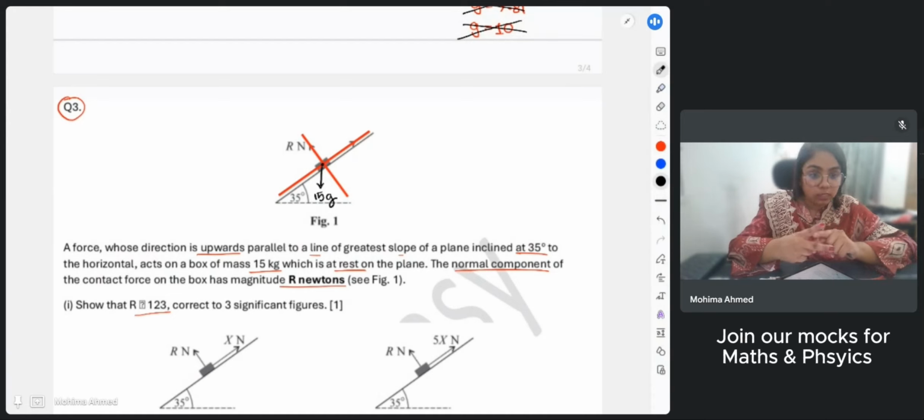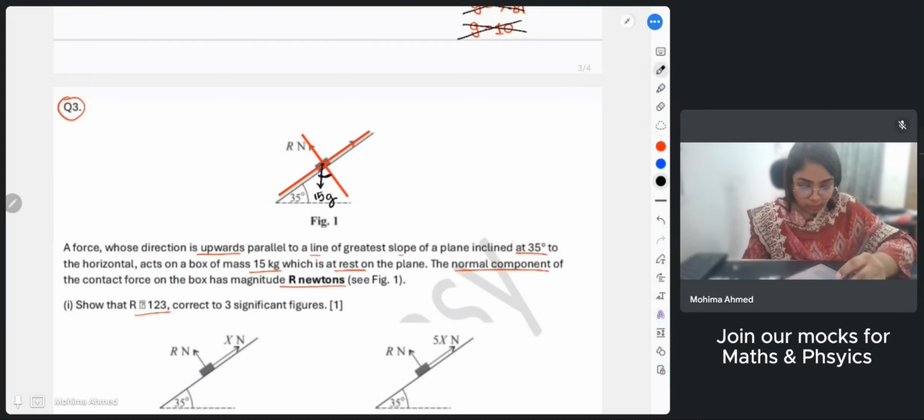In that case, the angle between the weight and the vertical plane is always equal to the angle between the horizontal plane and the inclined plane. So if this is 35 degrees, this portion over here is also going to be 35 degrees. So the downward component perpendicular to the plane will be 15g cos 35 degrees, and the component parallel to the plane will be 15g sin 35 degrees.